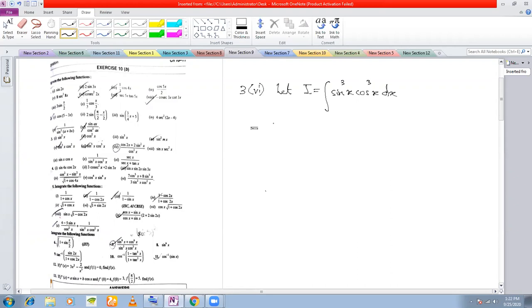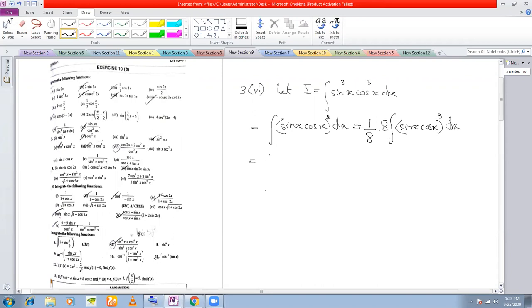What you do here is you write this as (sin x cos x) whole cube. Now did you understand what we need to do? Tell me, did you understand what we need to do? There is a cube here, so I take 1 by 8 into 8 sin cube x cos cube x.